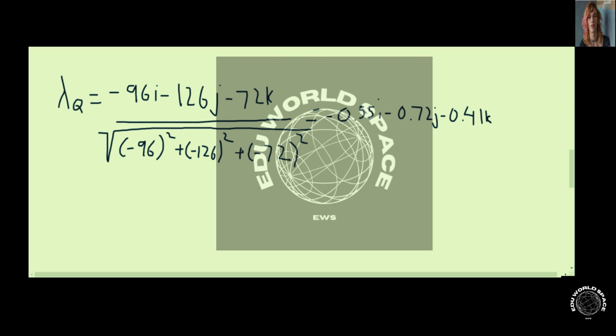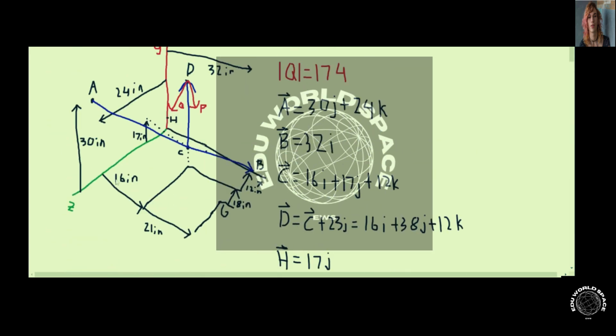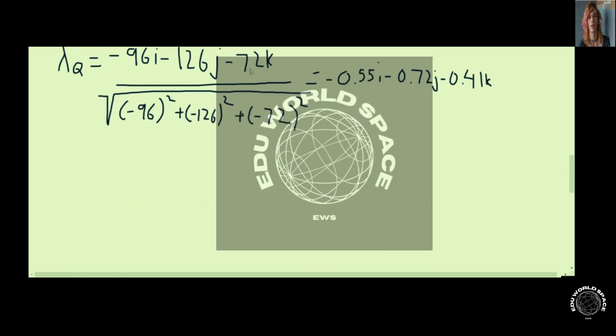And next we're going to find the angle between this Q unit vector and the AB vector. So we can write it as the cosine of theta is equal to the AB unit vector dot the Q unit vector.